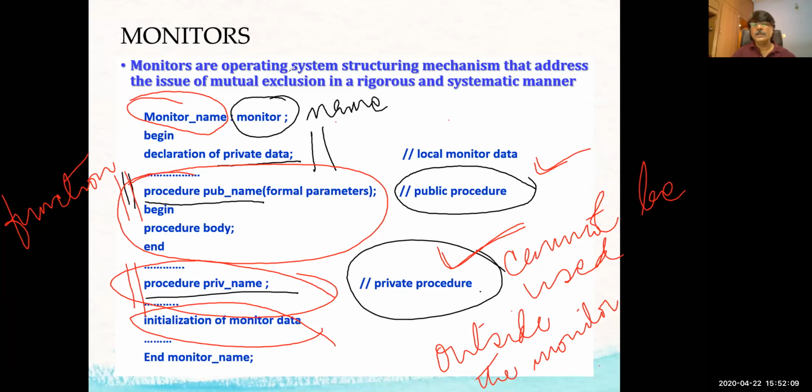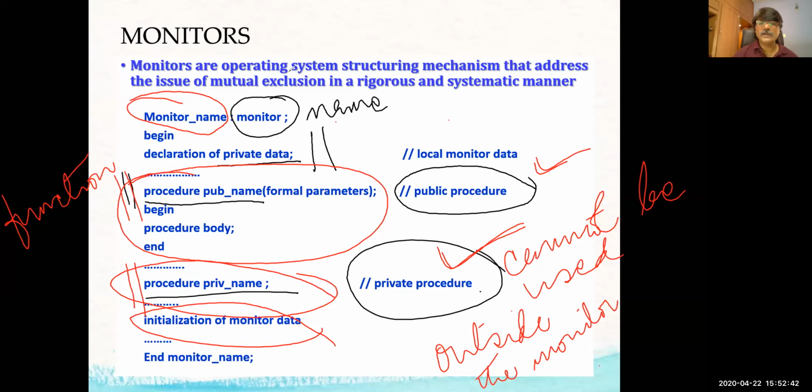It's like Java. In a typical Java class, if you declare the variables and the functions as private, those variables and functions can be used within the class. Any other class cannot access those private functions and private methods or private variable of that class. If a class is declared its variable as public and methods as public, then outside classes or outside process can access those public methods and public variables.